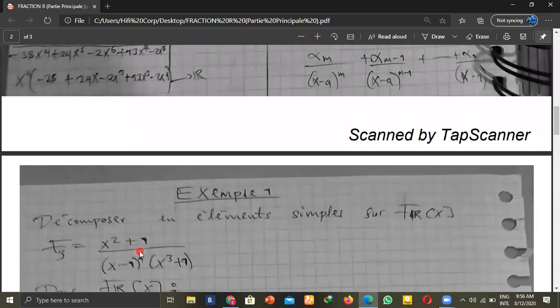Can we decompose? What's the degree of this fraction? What's the degree of our denominator?